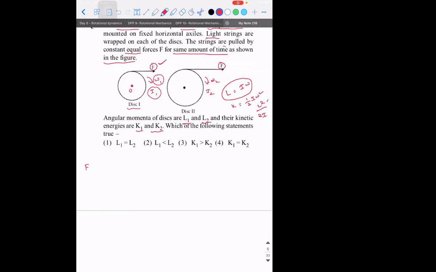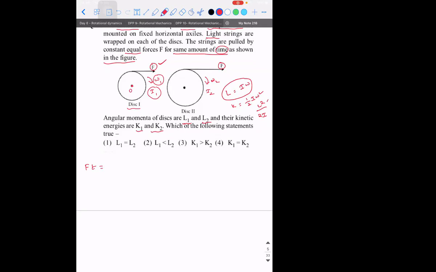And they mentioned time. When I say F into t, what does that parameter represent? Impulse. So what is the relation between impulse and linear momentum?